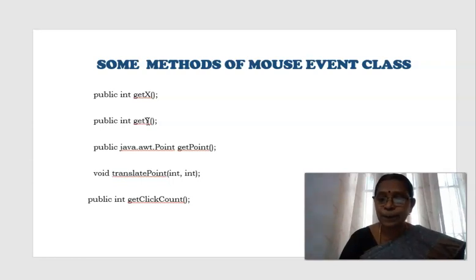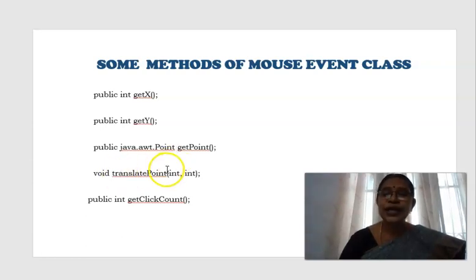If you want to get a point as it is, then you can make use of the method getPoint. The getPoint method will get the point as it is where you perform some operation with the mouse. You all know Point is a class present in the java.awt package. This Point class has predefined variables x and y, from which you can get the x and y coordinate of the mouse.